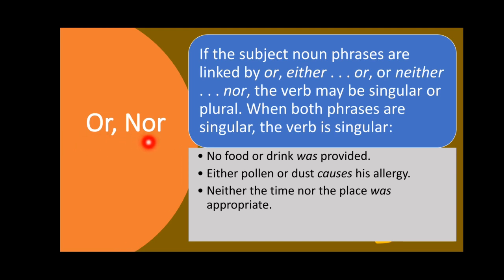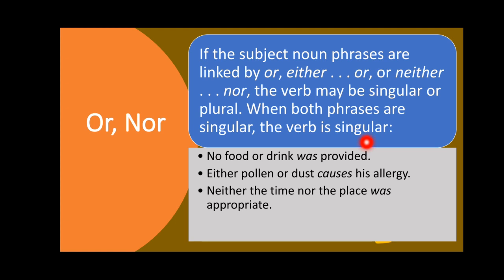Or and nor. So these are conjunctions. Let's see how these conjunctions link noun phrases. If the subject noun phrases are linked by or, either, or, neither, nor, the verb may be singular or plural. When both phrases are singular, the verb is singular.